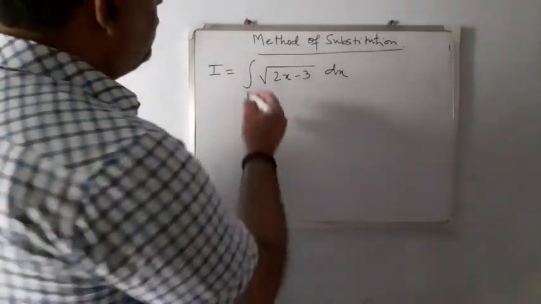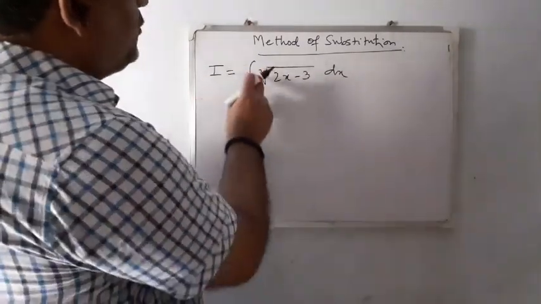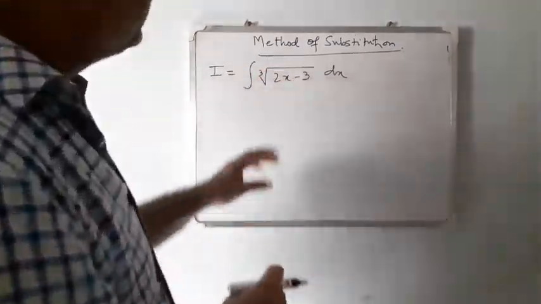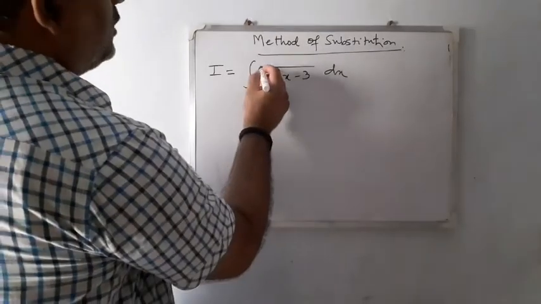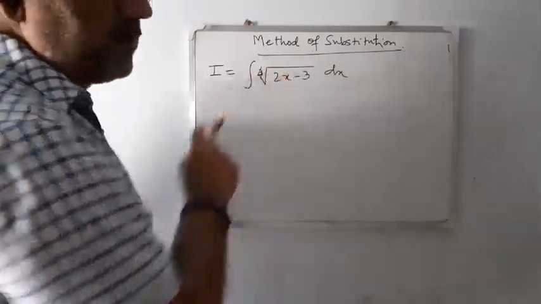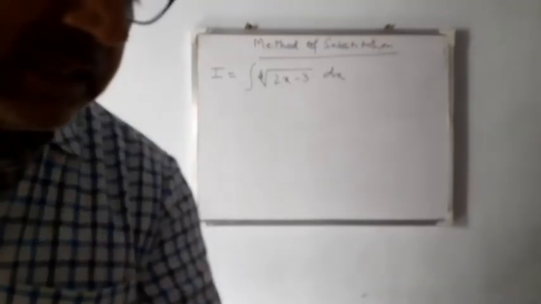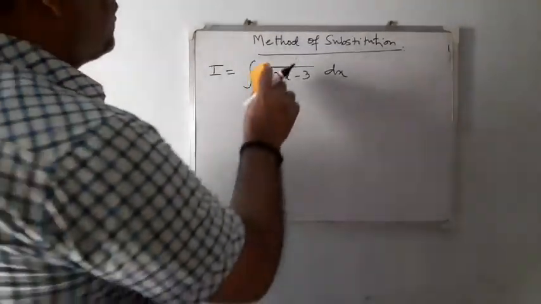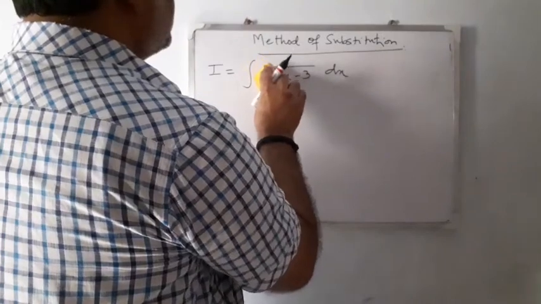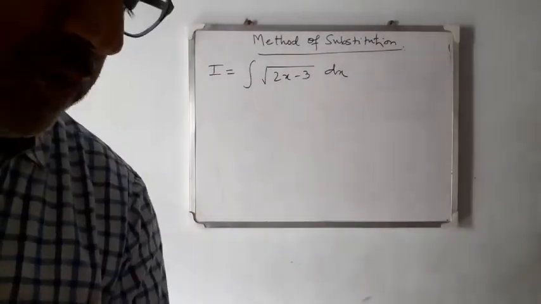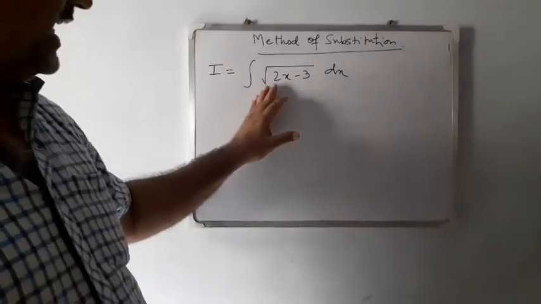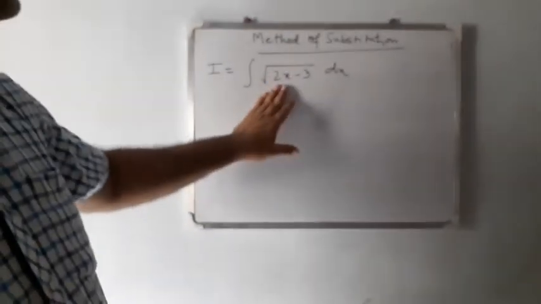If it is a cube root, then take it as z cube, so that the cube root disappears. If it is a fourth root, then take it as z power 4. So whenever a root exists, just search for the nth root of that quantity. If it is a square root, then take it as z square.